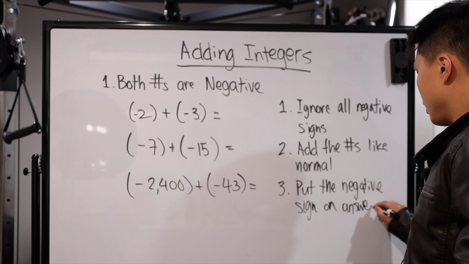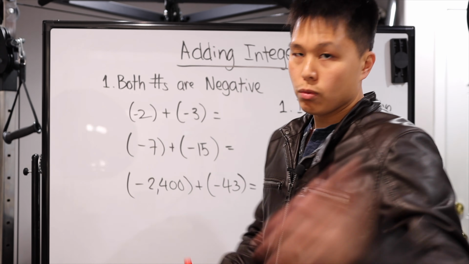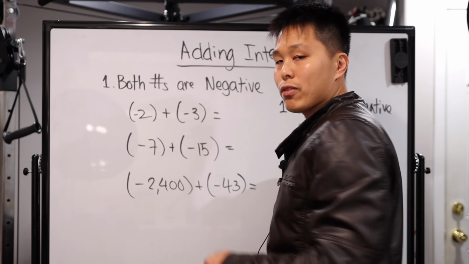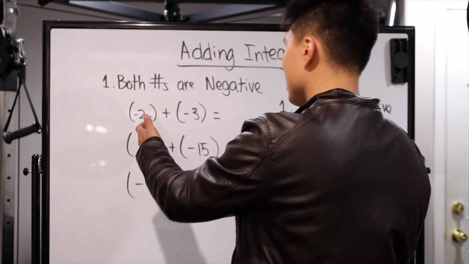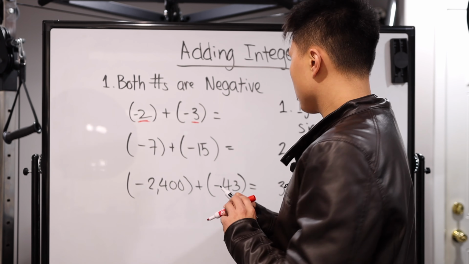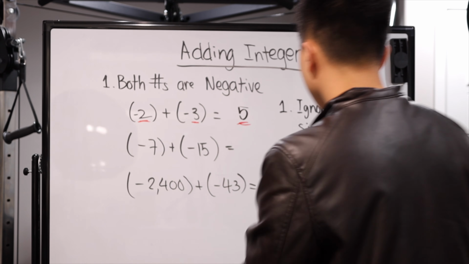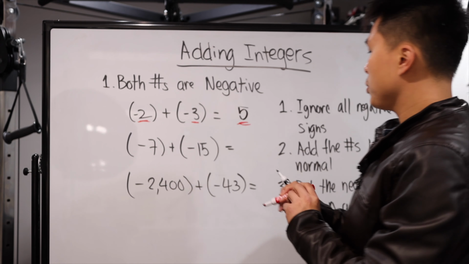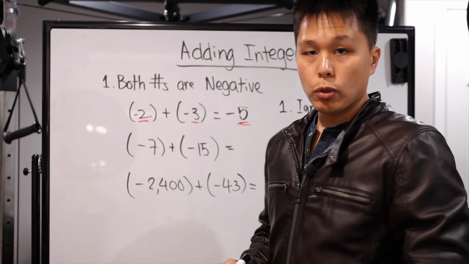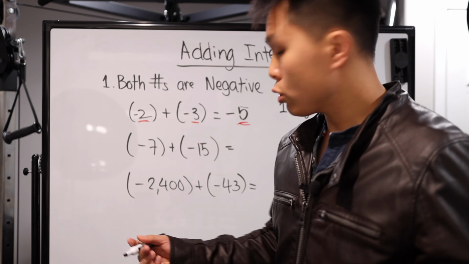So, for example, the first one, you ignore the negative sign first. So -2, whatever, that's just a 2. -3, whatever, that's just a 3. 2 plus 3, if we're just looking at the number itself, is 5. So we're going to put 5 right here, right? Then we put the negative sign. Simple as that. Same thing. Imagine just 7 plus 15, which is 22.